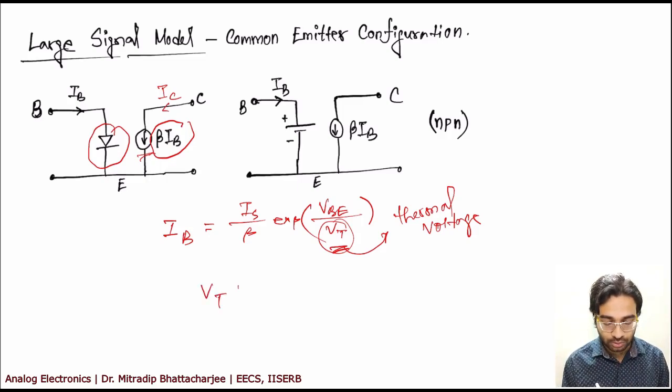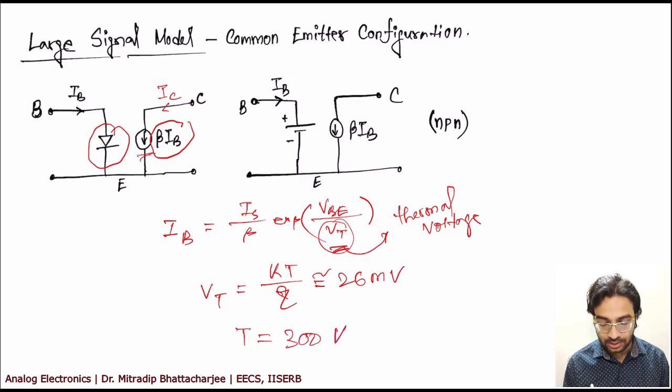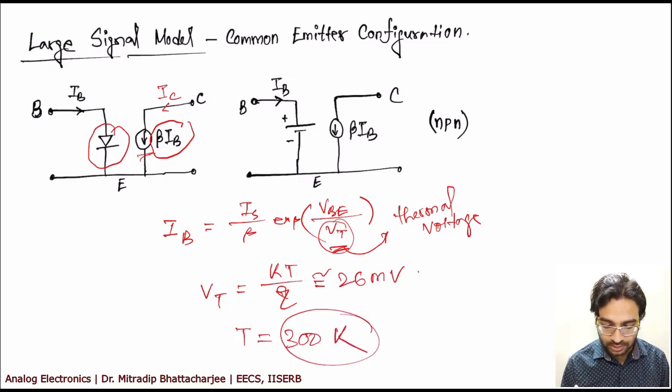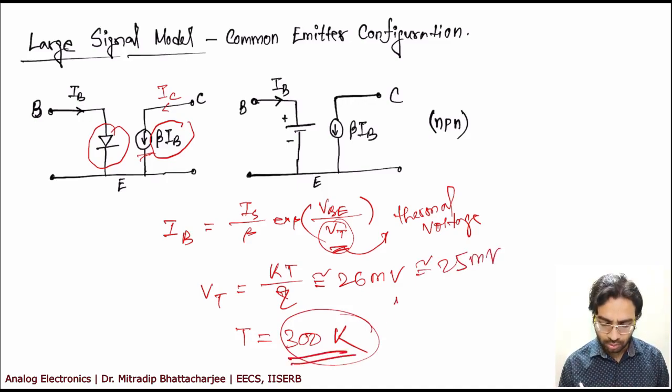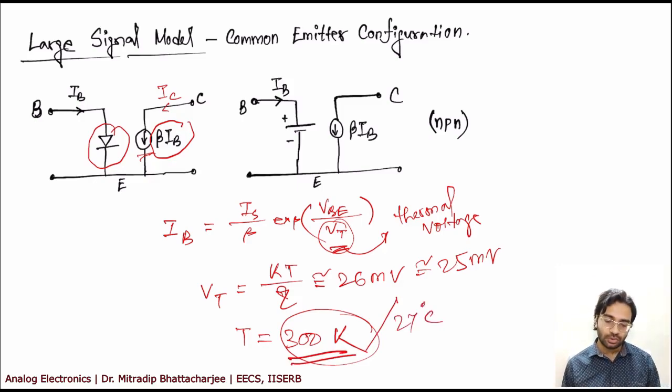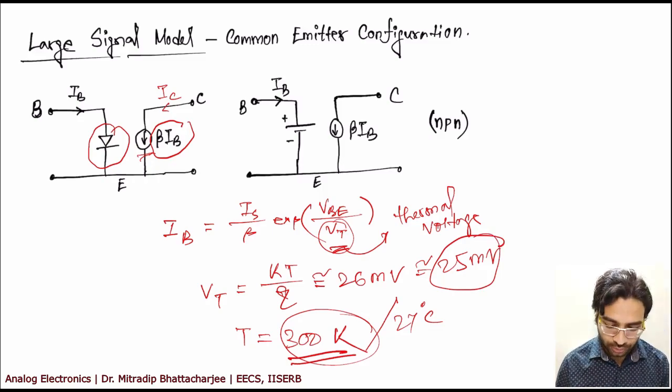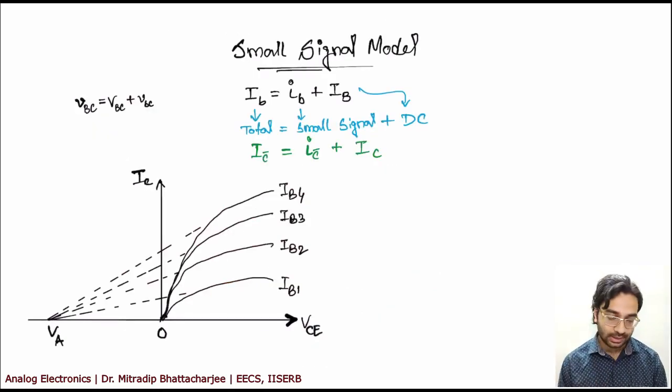That means VT equal to KT by Q, which is more or less 26 millivolts for T equal to 300 Kelvin, or some may use 25 millivolts, for T equal to 300 Kelvin or 27 degrees centigrade. For the sake of simplicity, you may also use 25 millivolts as a constant value for T equal to 300 Kelvin.